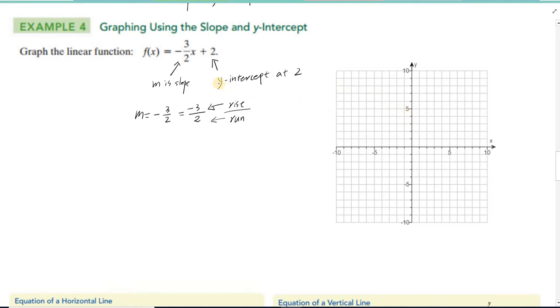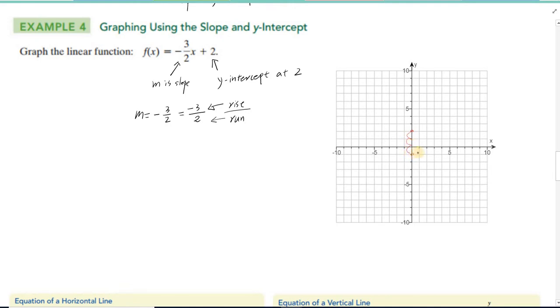What we're going to do is start at the y-intercept 2. So this is my 2. From here I'm going to look at negative 3. That means starting here, I'm going to count 1, 2, 3 down, because negative 1, 2, 3.